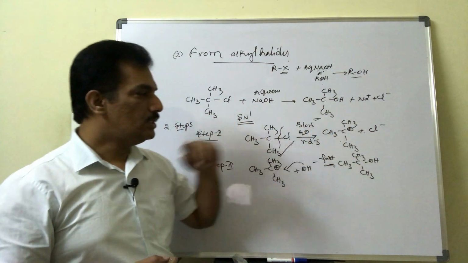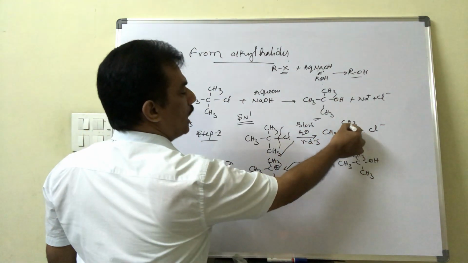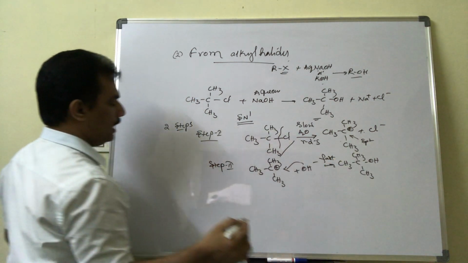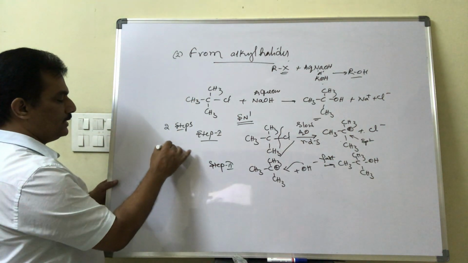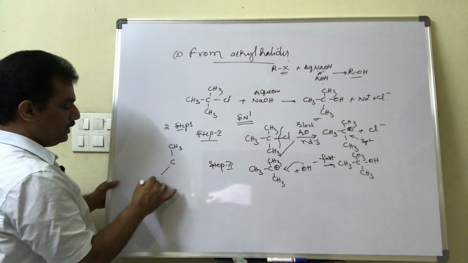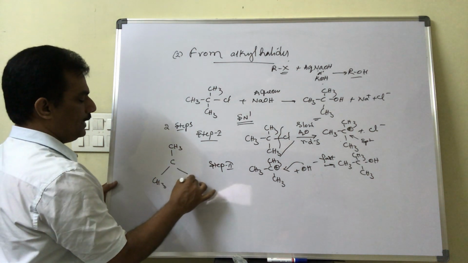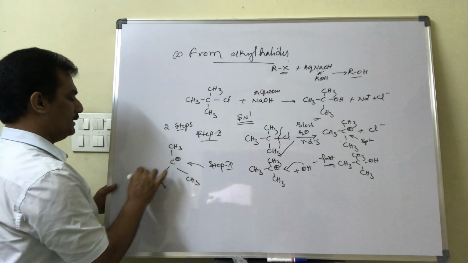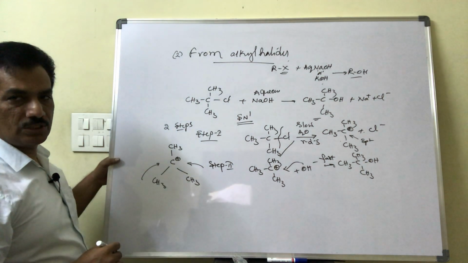In SN1 reaction, there is reaction intermediate. Just remember, in this reaction intermediate, actually carbocation, in this carbon is sp2 hybridized, and now that sp2 hybridized carbon is having the chance to attack from front side or from back side. Already we discussed in previous sessions also.